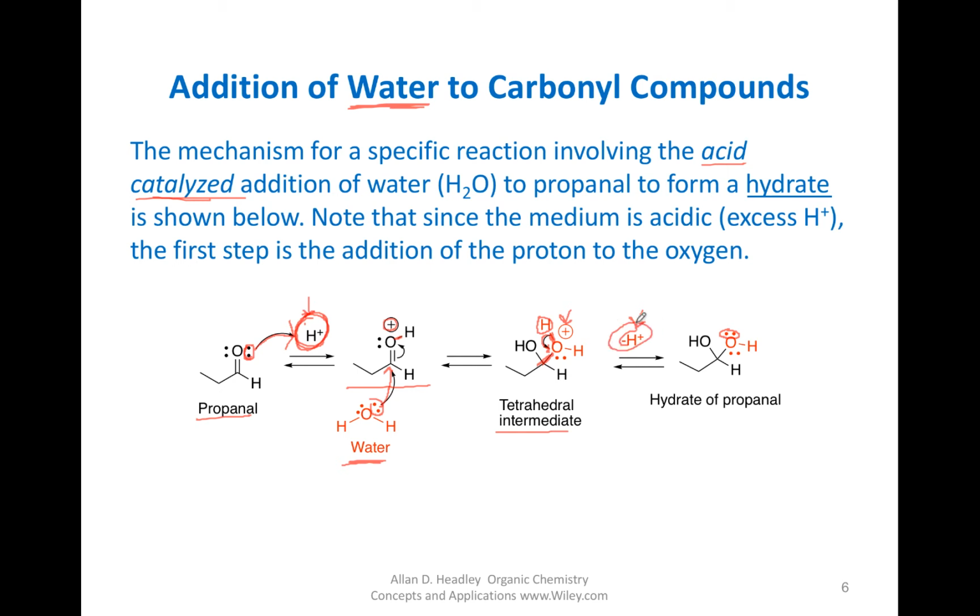As you may recall from Gen Chem, a catalyst is a reagent that is used but not consumed in a reaction. So it's used here and it's generated back over here. The product here is called a hydrate. So it's a hydrate of the aldehyde. So this is the product here of an aldehyde in water and a trace of acid. And this is the mechanism.